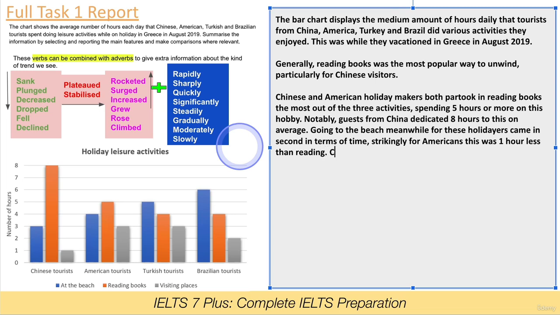Okay, visiting places. We're not choosing everything, we're just picking the most interesting parts. Visiting places, on the other hand, consumed the least time.